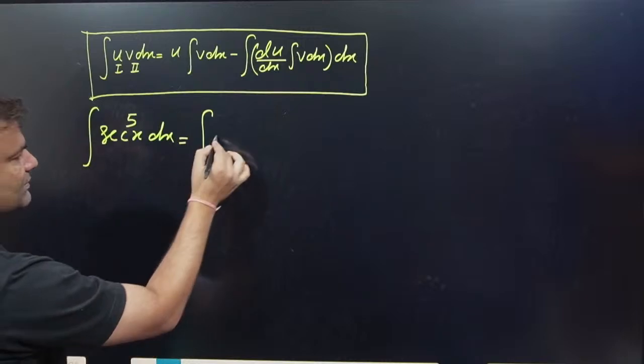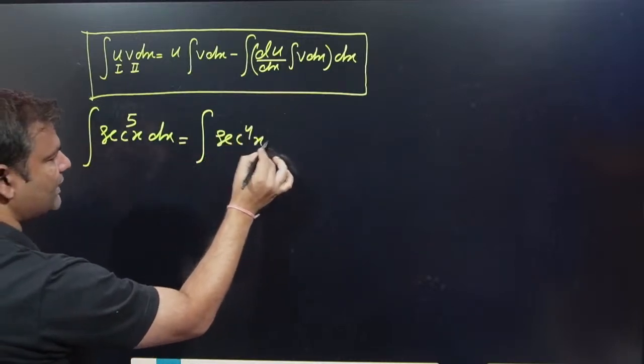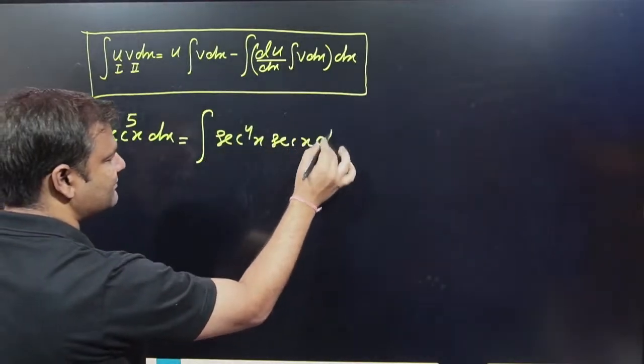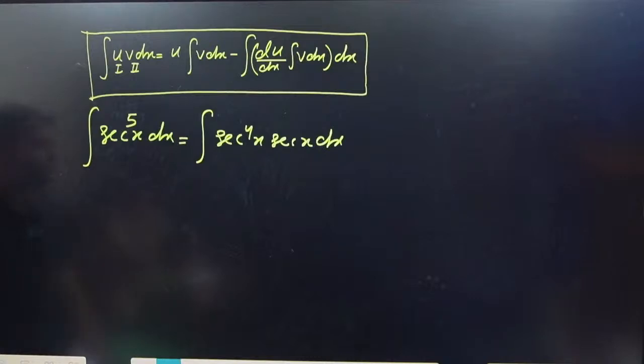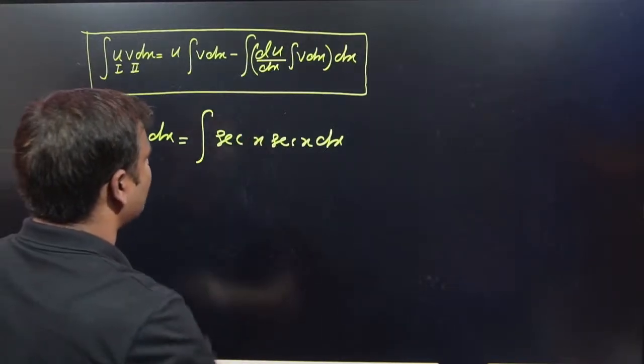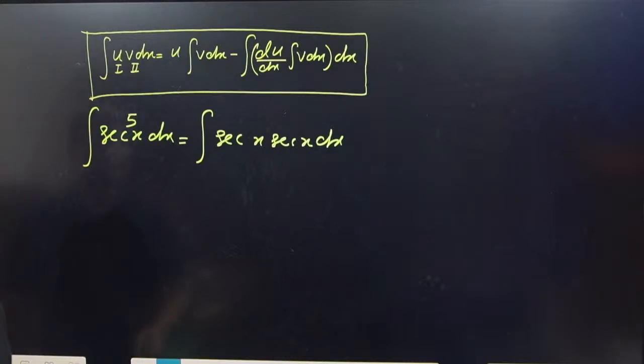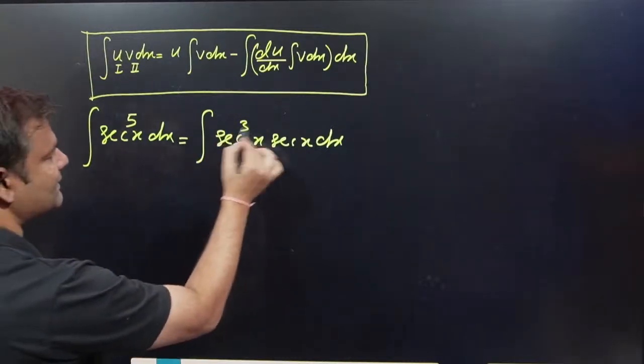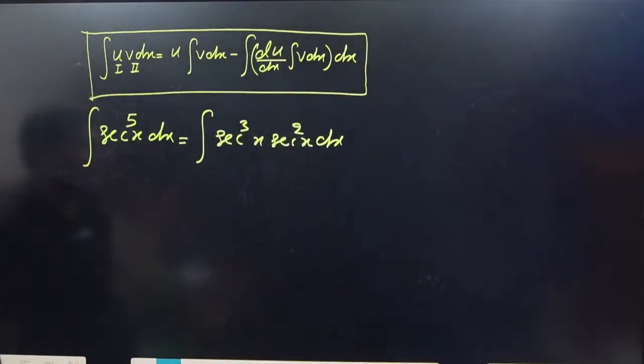This one is also written as sec x to power 4 into sec x dx. Sec x to power 5 is given, then you can use that one.